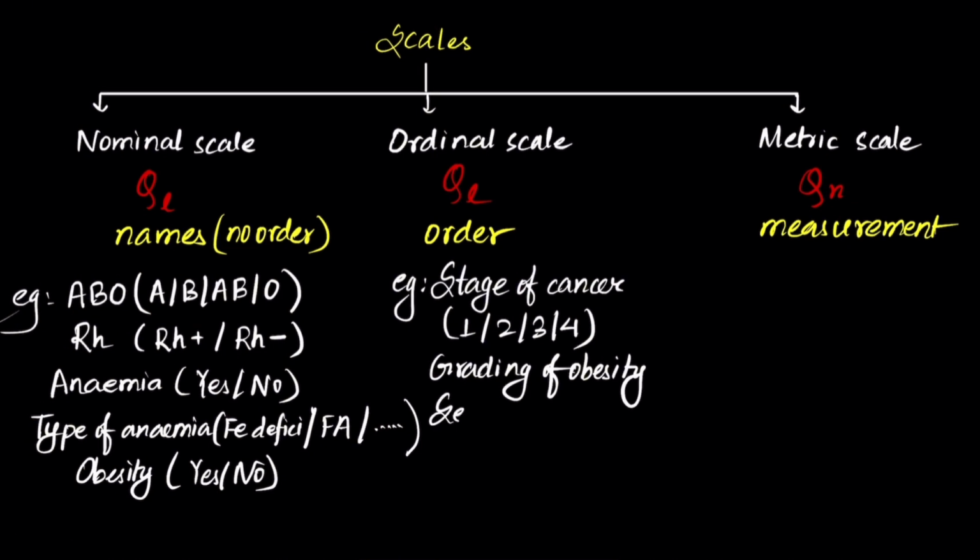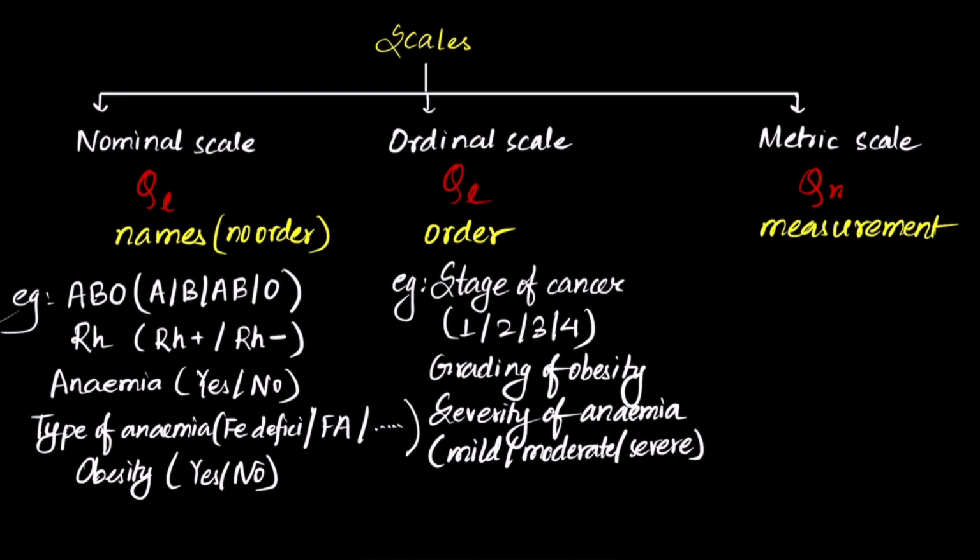Similarly, there's your severity of anemia. You either have anemia or you don't have anemia, but you can have various levels of severity of anemia. You might have mild anemia or moderate anemia or much severe condition of anemia.